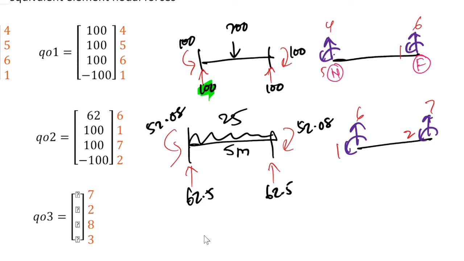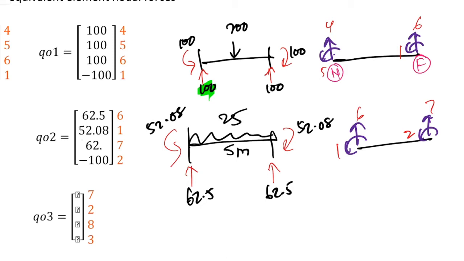Continue with 6 1, it is moment 52.08. 7 is the vertical value, 62.5.